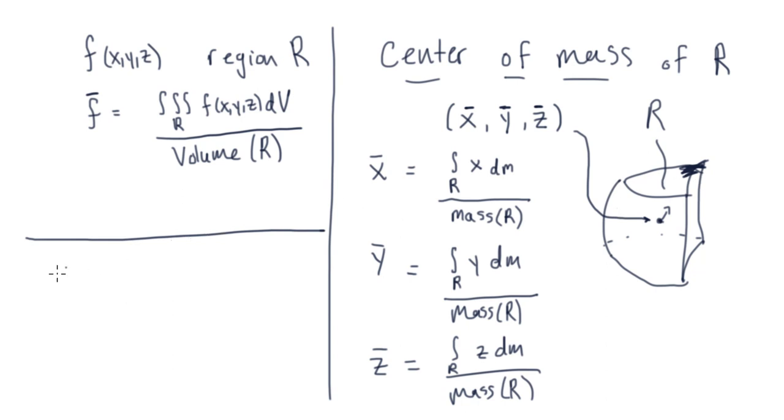But in the case that a region R is uniform, and what I mean by uniform is that the mass is uniformly distributed, or in other words, that the density is constant, it's not changing as I go about the region, then we give a special name to the center of mass.